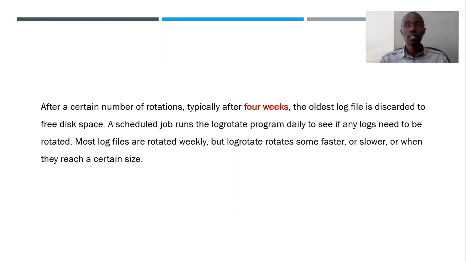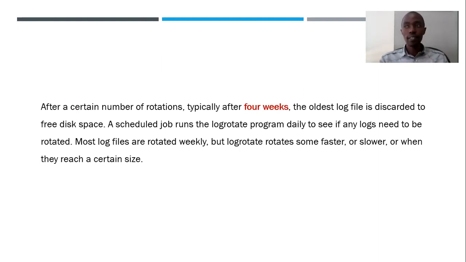By default it is after around 4 weeks, about a month, that the files are rotated. You can schedule a job to rotate the log events after every 1 week, 3 weeks, or 4 weeks. The reason is to free disk space for other log events to be captured.